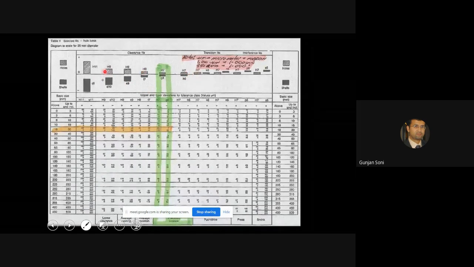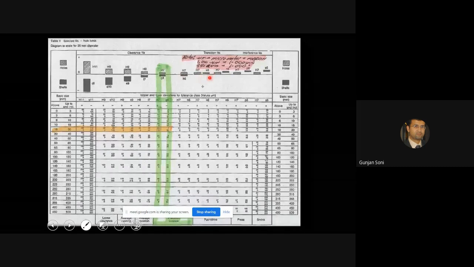So you can see constantly your tolerance zone of the hole is lying above the 0 size, and as we move from A, B, C, D, E, F, G, we reach G, and then subsequently we reach H over here, we start getting a transition fit.